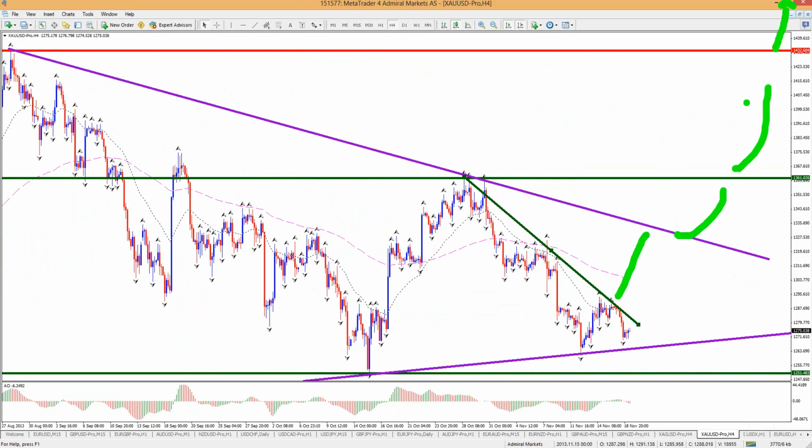Those are the four zones I see here on the XAU USD. Downside, only a small one here. It doesn't even make sense to trade it down to 1250, but below 1250, potential to fall, maybe to retest the bottom at 1180. So that's gold in a nutshell.